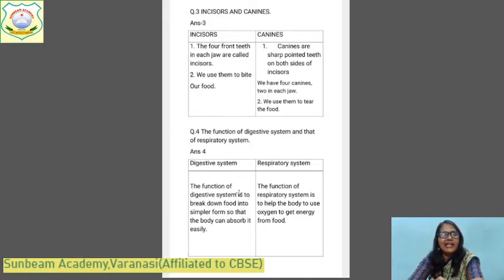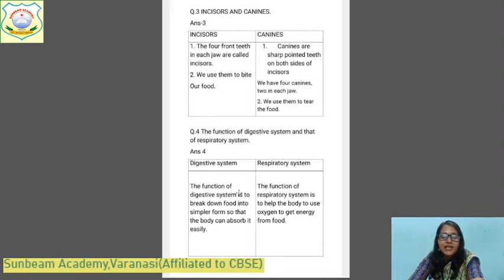Okay? After writing question number 3, you will draw a line with a scale and come to question number 4. Question number 4 is the function of digestive system and that of respiratory system. We have to write one difference between these two systems. We have read many in detail, na, in our previous classes.